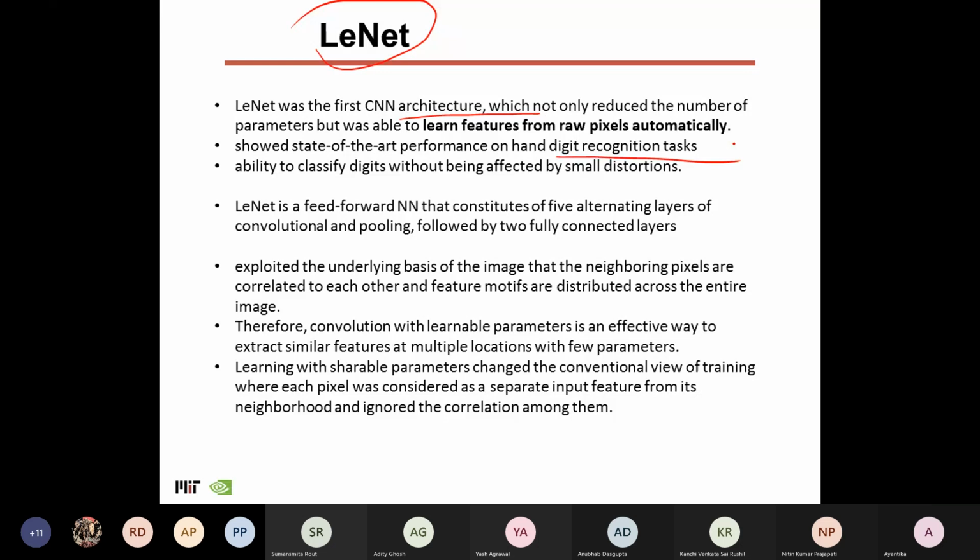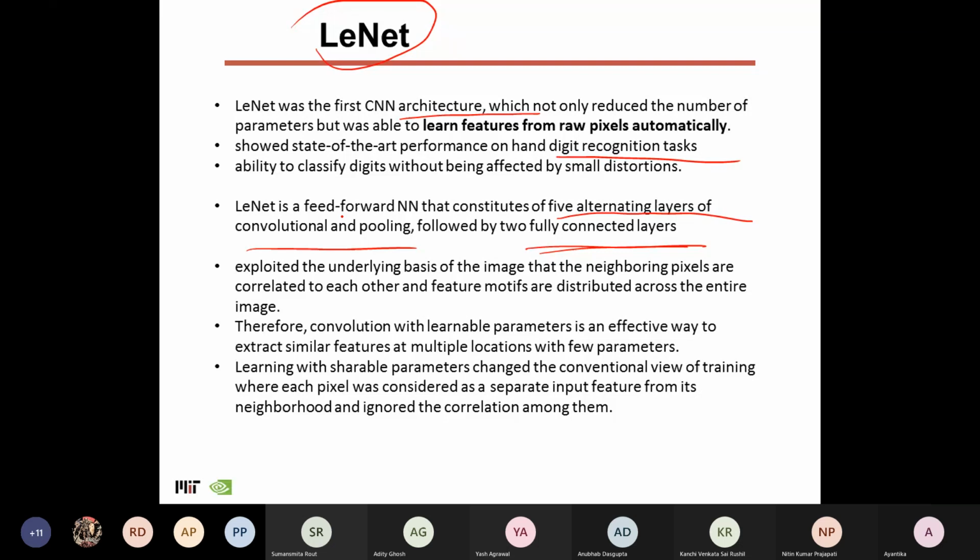It first showed this concept of convolution, applying a filter and getting the output, and the purpose of pooling. It formed the initial CNN structure with 5 alternating layers of convolution and pooling, and then 2 fully connected layers. In every case, you will see that some fully connected layers come at the end.